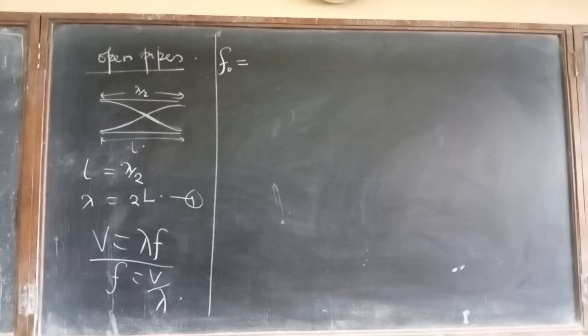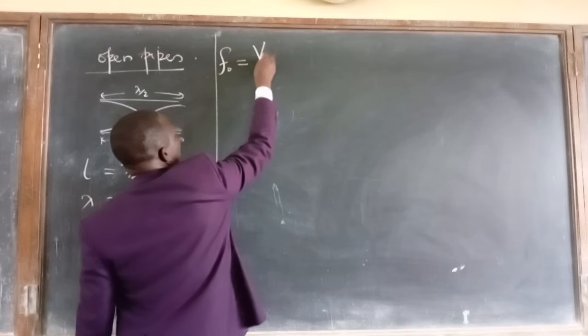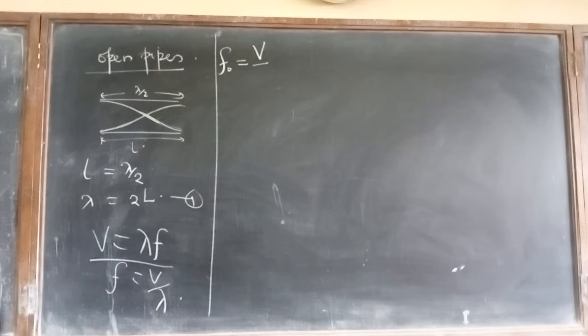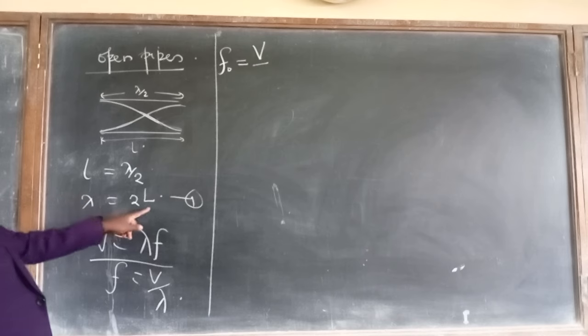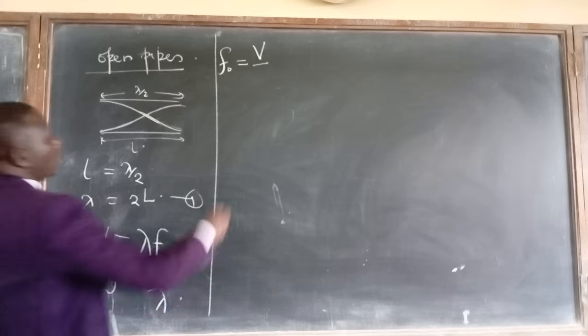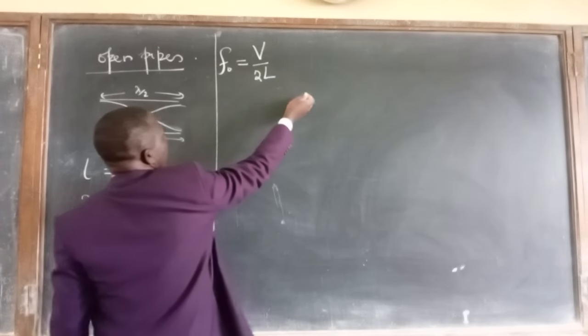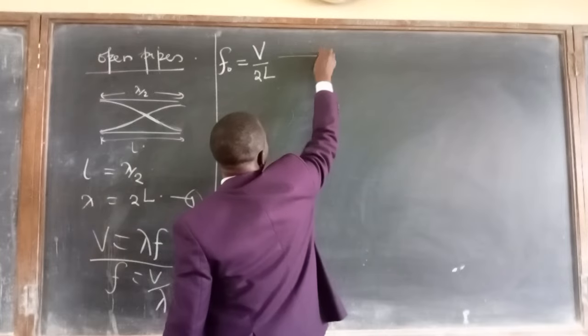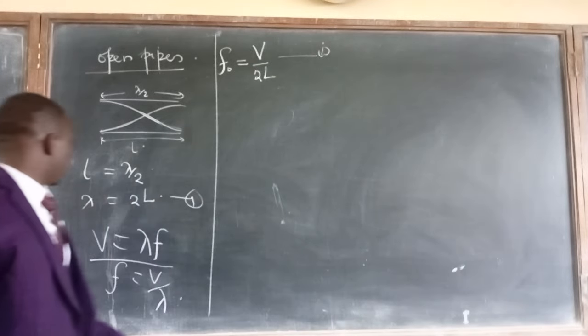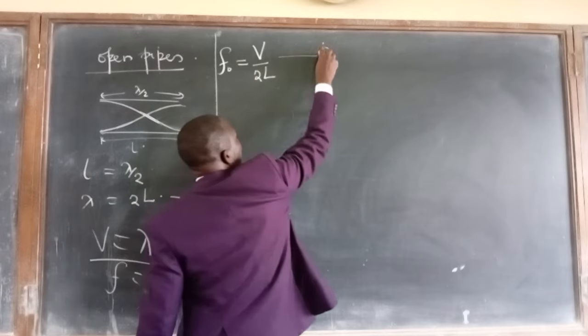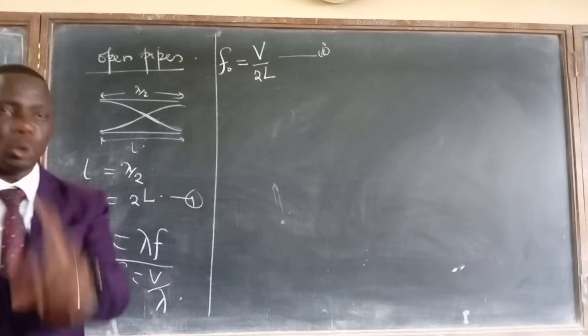The fundamental frequency f0 is the velocity of sound in air divided by the wavelength, which is equal to 2 times the length of the pipe, so f0 = v / 2L. We can say this becomes our equation 2.